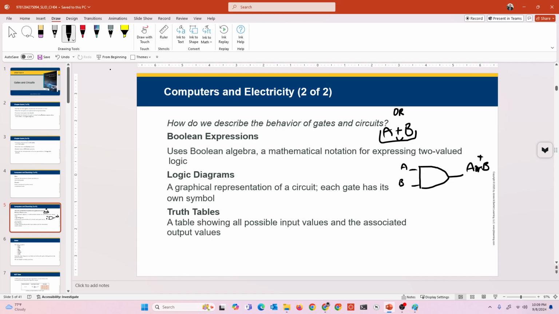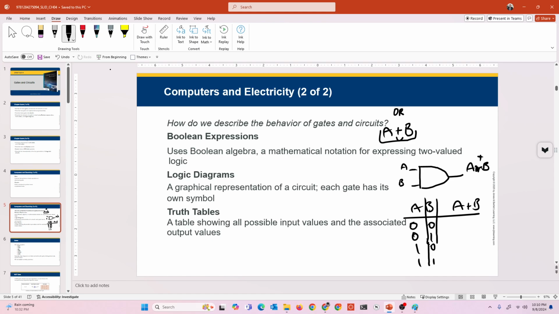The truth table is how we represent the ones and the zeros whenever we have something like this. The way we're going to write it is we're going to say A, B, then we're going to put A plus B in here. It's going to be a table like this. Then we're going to see A and B. If you have two, how many combinations would you have? It's either 0, 0 or 0, 1 or 1, 0 or 1, 1.